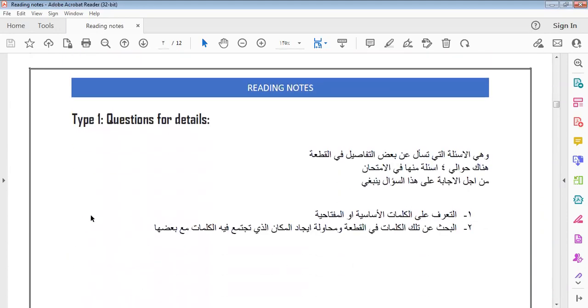First, the first type is questions for details. We said there are two types: questions for completion and WH word questions. Questions for details ask about some details in the passage.